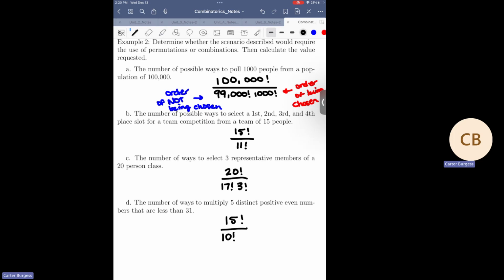And so we don't care about that ordering. And then how many of these numbers do we not care about the ordering for because they are picked, but multiplication is commutative? 5 of those numbers, the order doesn't matter because of commutativity. And so we get this 15 factorial over 10 factorial, 5 factorial.